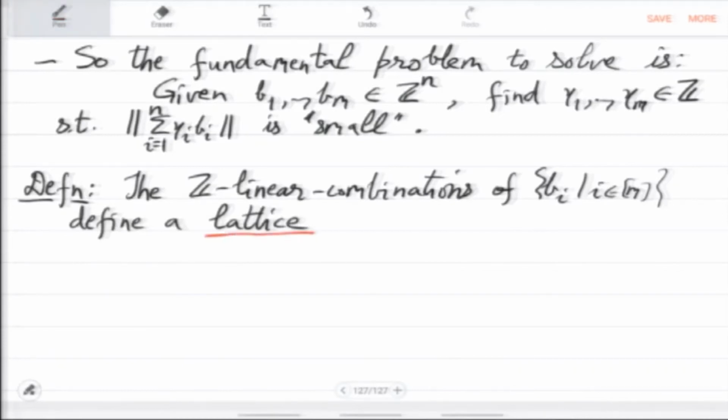Just like Q linear combinations, rational linear combinations, define a vector space, Z linear combinations define a lattice.